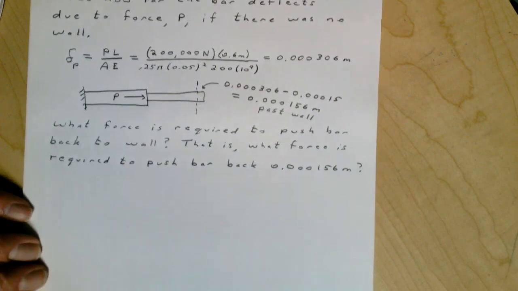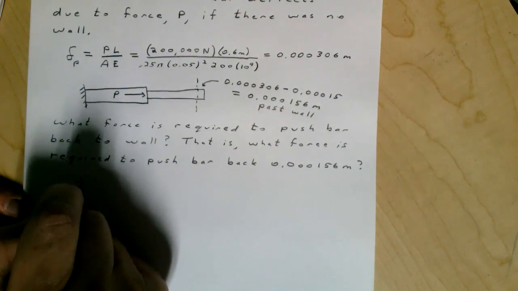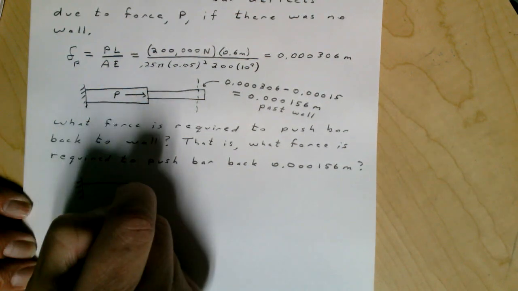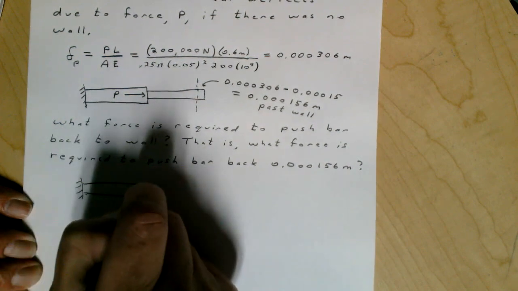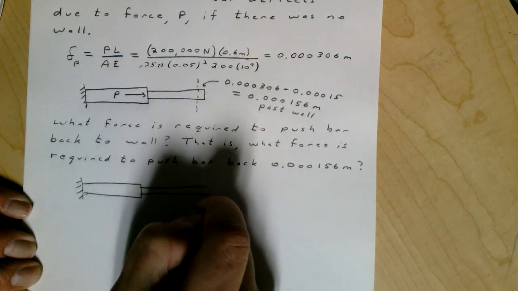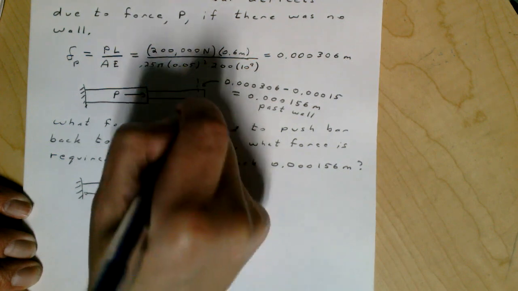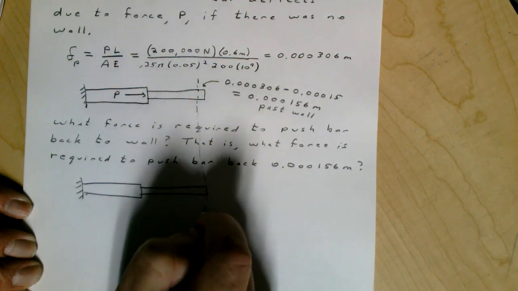And so we'll calculate that. So what we basically want to do is we have a picture here. And we're assuming this thing is out here. Then we want to push it back to the wall.